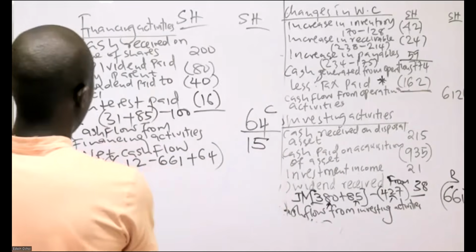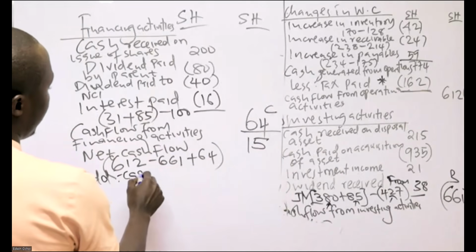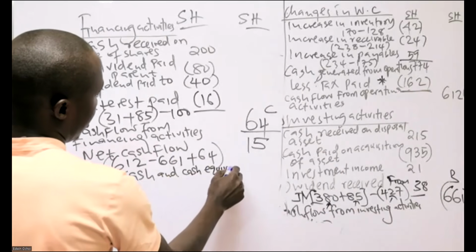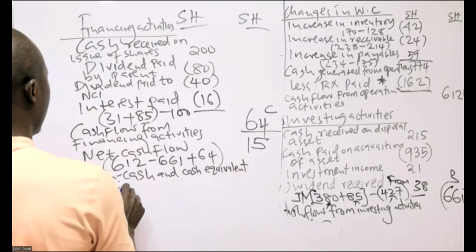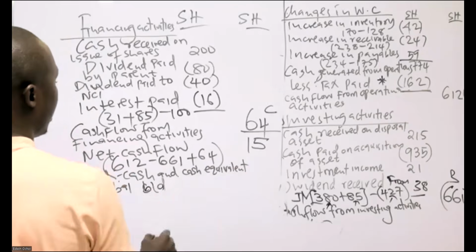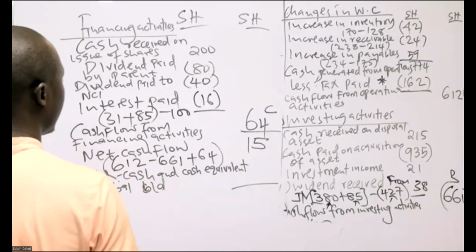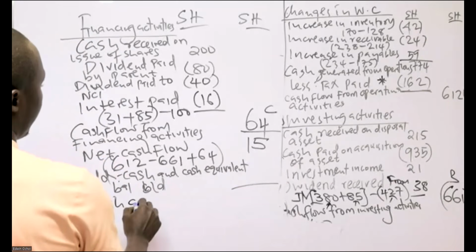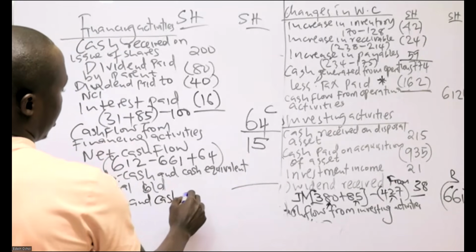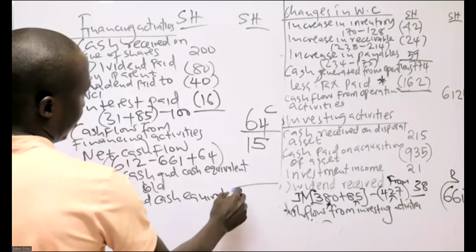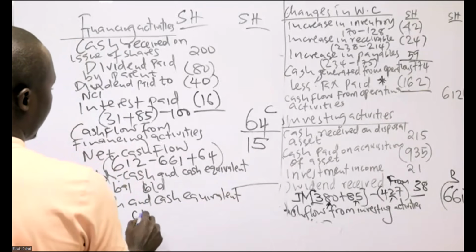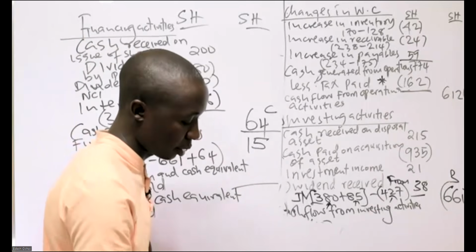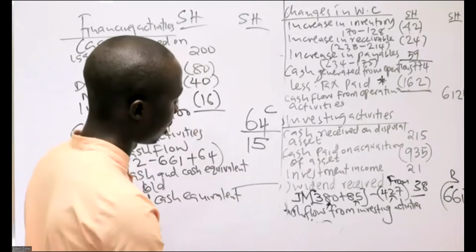15. And cash and cash equivalent brought down. You have it in the current assets. The balance brought down of 63.